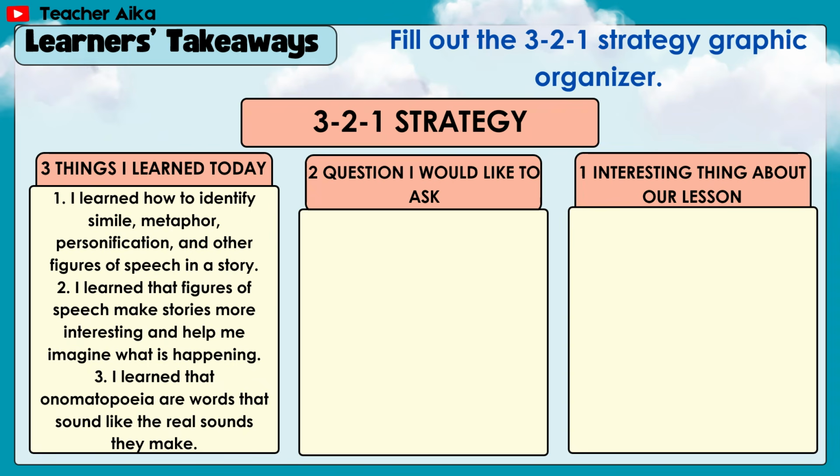First, I learned how to identify simile, metaphor, personification, and other figures of speech in a story. Second, I learned that figures of speech make stories more interesting and help me imagine what is happening. Third, I learned that onomatopoeia are words that sound like the real sounds they make.